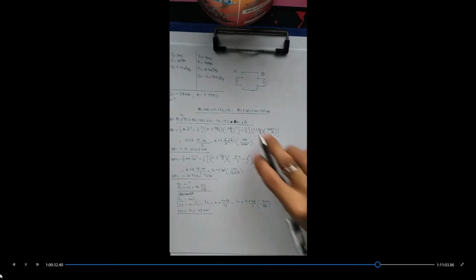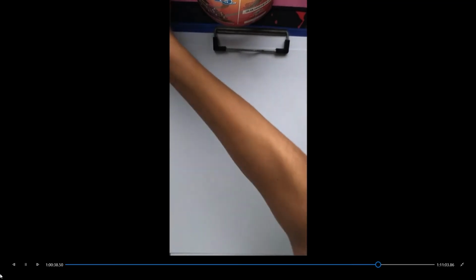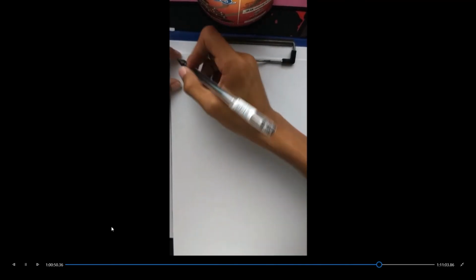The only things I need to solve for are my flow work 1 and 2, and then substitute the values to solve for my work. So let's solve for the flow work 1.